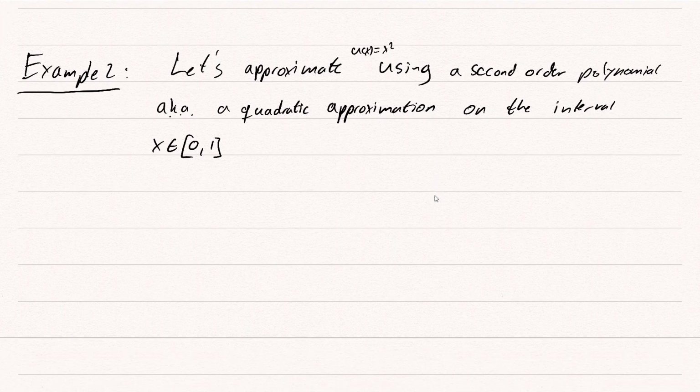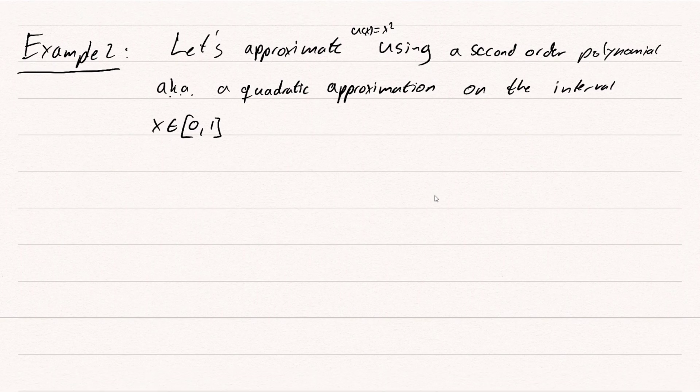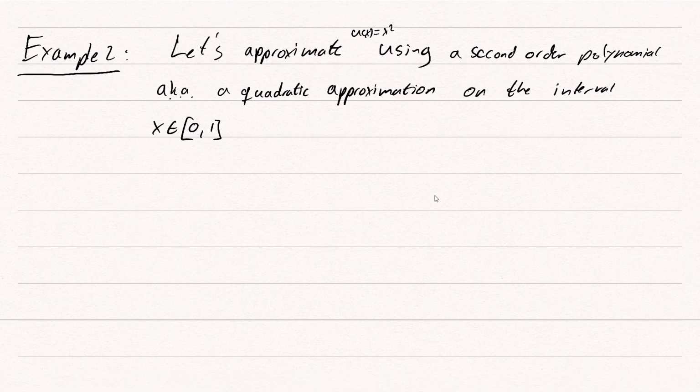What's going to happen? Now we need to have the basis functions for a second order polynomial, and I'm just going to throw these at you. For this range, these are the functions that you want, and we will later look at how these are actually created. So phi 1 is going to be 2 times x minus 1 times x minus 1/2.